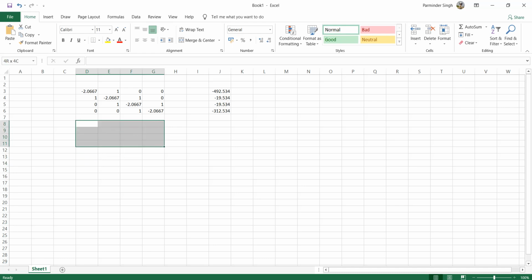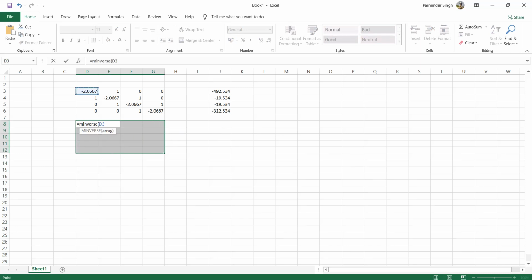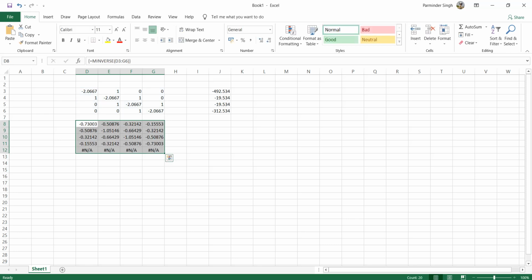Select again 4 by 4. Then again write MINVERSE. Select the array. Close this one and press Control Shift Enter in one go. Control Shift Enter.